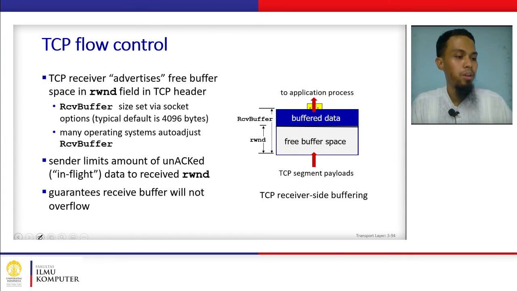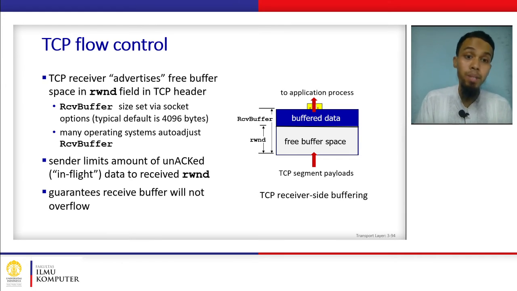Okay, so we'll have a look at the receive buffer. The receive buffer is something that we normally set when we are writing socket programming. The typical default is 4096 bytes.